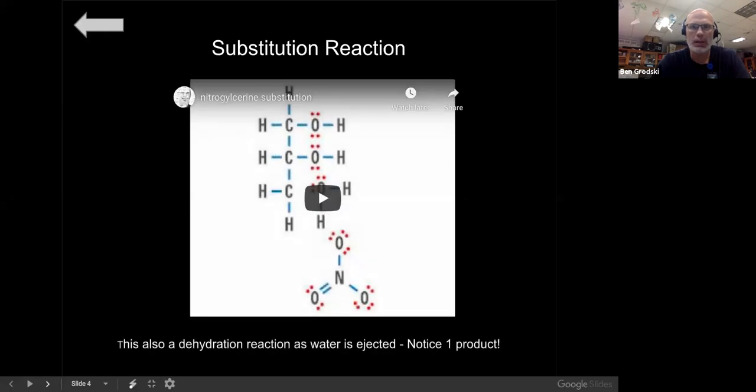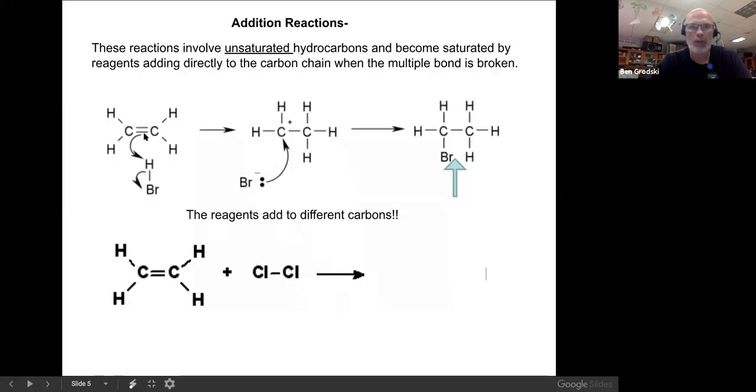So in addition reactions, you notice we have an unsaturated hydrocarbon, either a double bond or a triple bond between the carbons. And that means if we open up that pi bond, we know that we can add everything to the carbon. But notice the new atoms have to go on different carbons, because as we take away that pi bond, that second bond, we now have an opportunity for both carbons along that double bond to add one more element, okay?